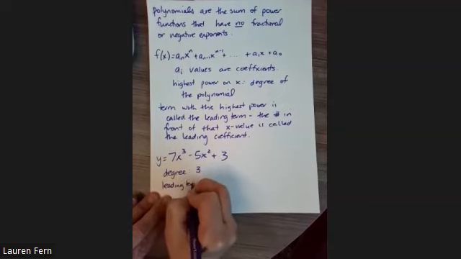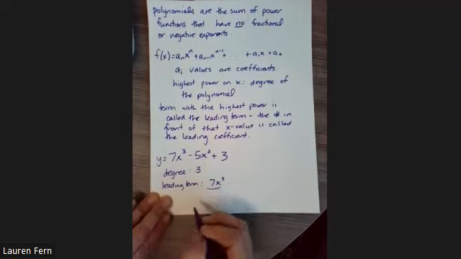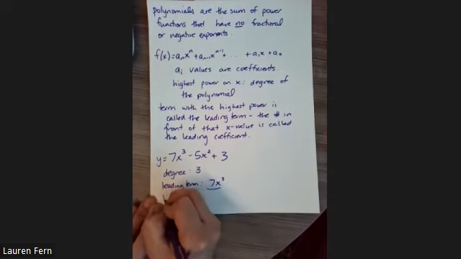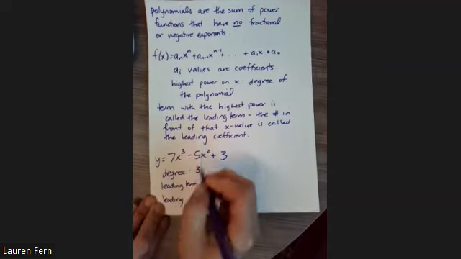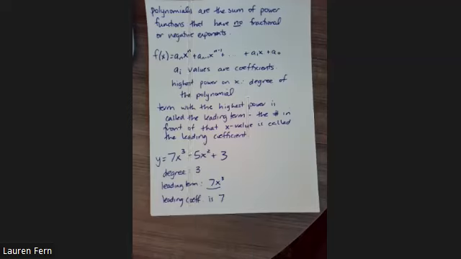Our leading term is this term, 7x cubed. And using the definitions above, our leading coefficient is 7. Okay, now what we're going to do in this chapter is gain the skills so that we can graph these guys. And that is so super fun.